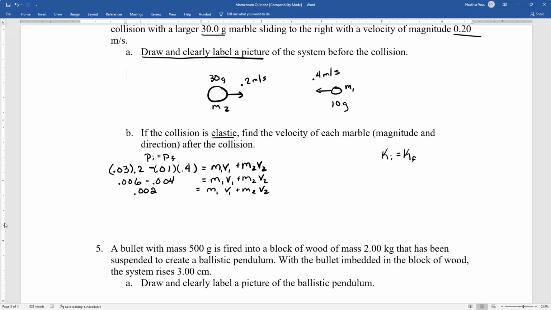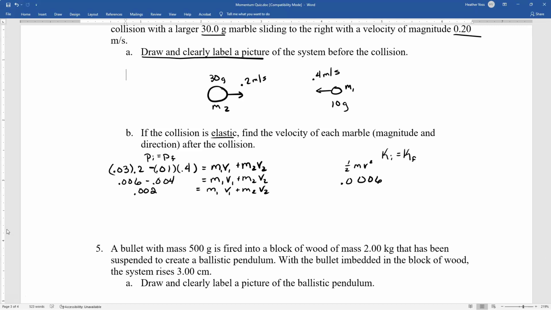Finally, for the kinetic energy, I'm going to have 1/2 mv squared for each of them before, and 1/2 mv squared for each of them after. So before, I'm going to have 0.03 times 0.2 squared times 0.5. So my initial kinetic energy of the big marble is 0.0006 joules.